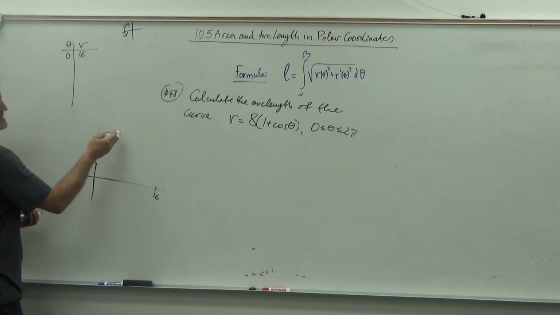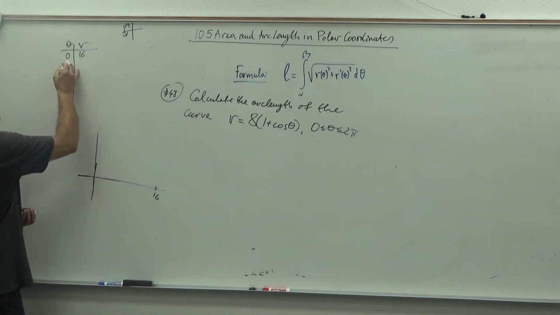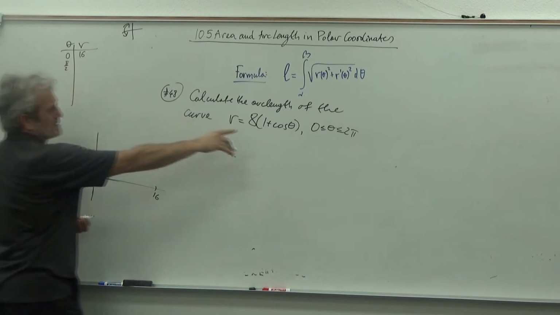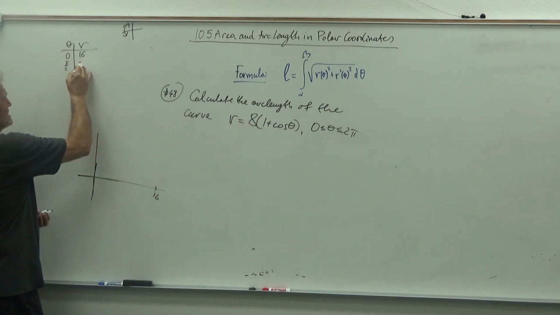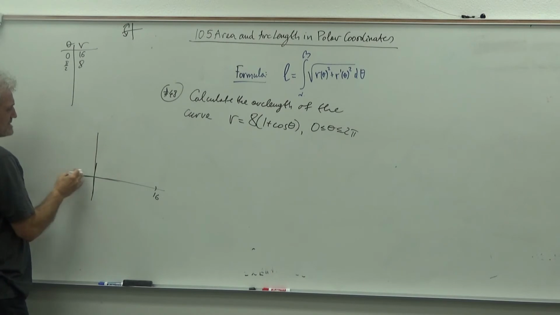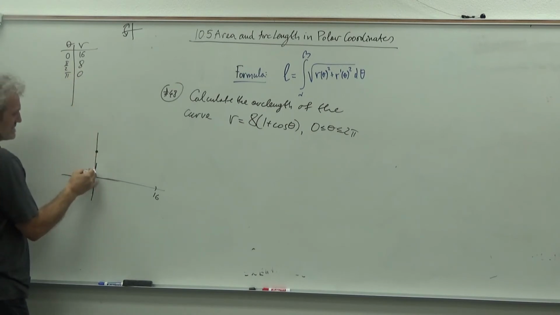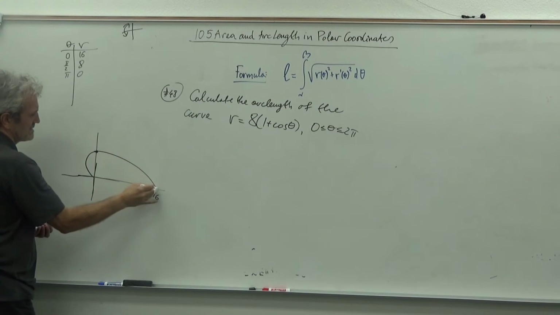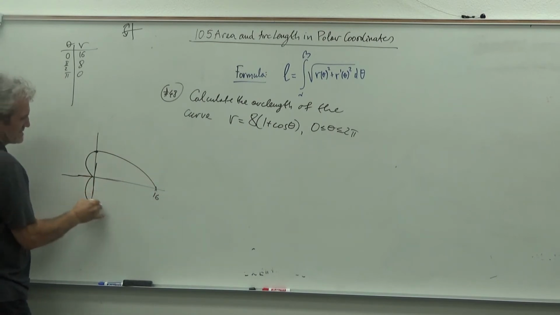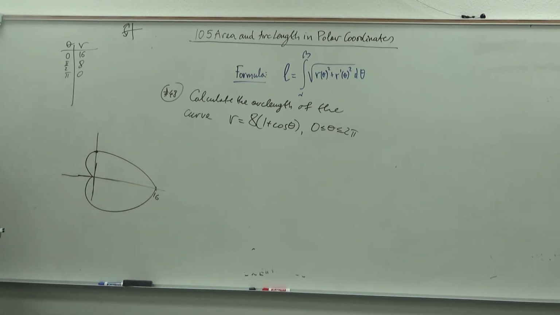And then it starts decreasing, and at pi over 2, the cosine becomes 0, so we just get 8. And then cosine becomes negative, so here is halfway through. And it gets even shorter, so at pi we'll get 0. So generally shorter on these rays, so generally it will come here. And obviously because of the symmetry, we recognize our cardioid, and so here is the story.